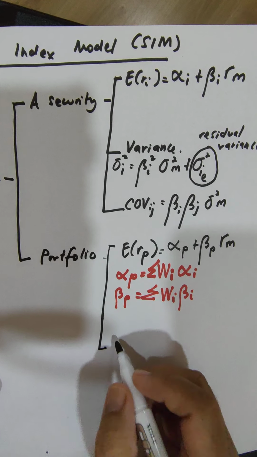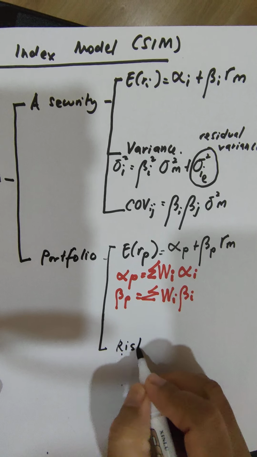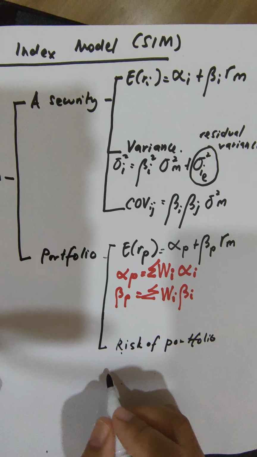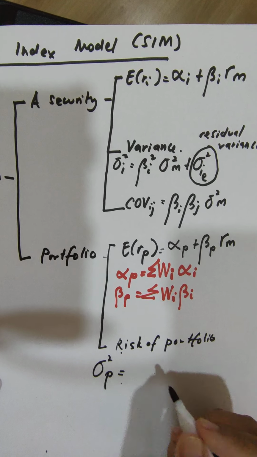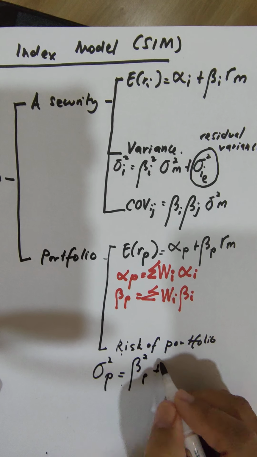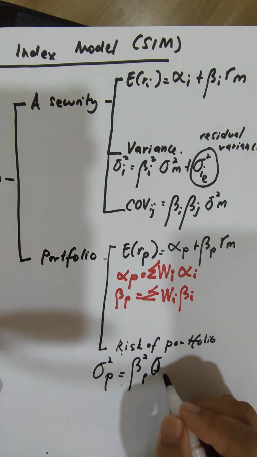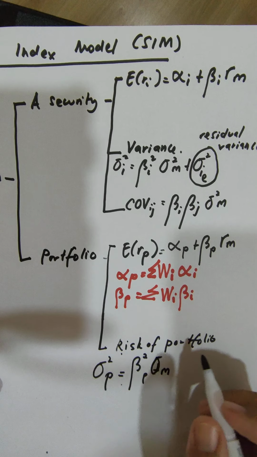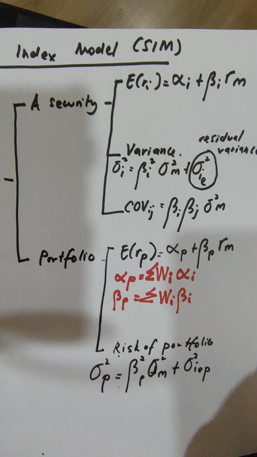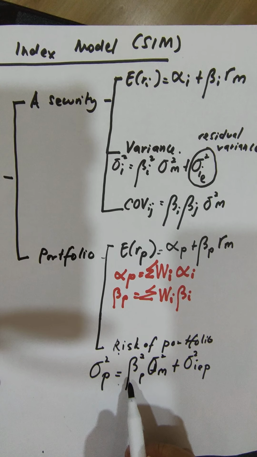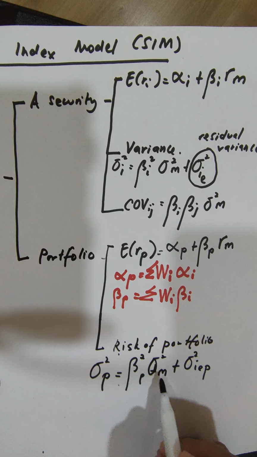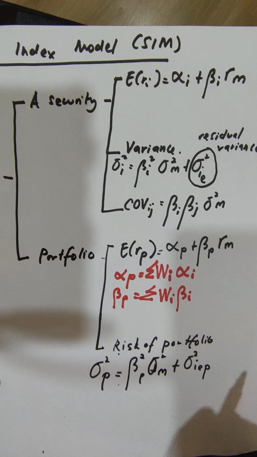For risk of portfolio, the formula would be, so this is the variance of portfolio: beta of the portfolio, power of 2, multiplied with the variance on market, plus residual variance for the portfolio.